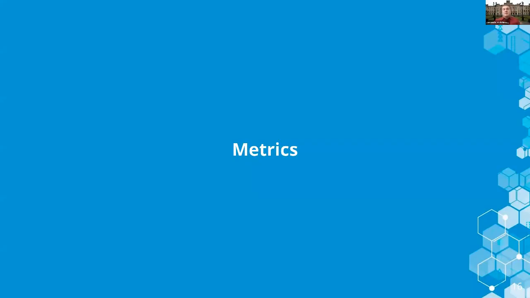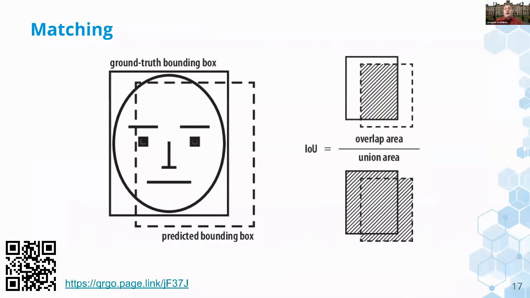Okay, let's discuss the most important thing in any computer vision task, the metric, which is used to decide whether your algorithm is good or bad. To calculate an object detection metric, first of all, we need to match our predicted bounding boxes with ground truth bounding boxes.